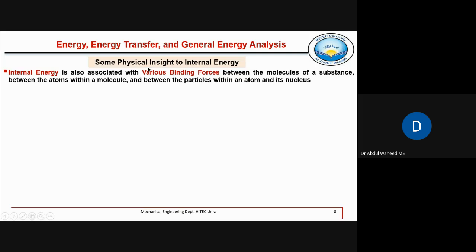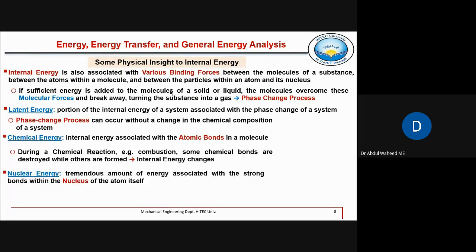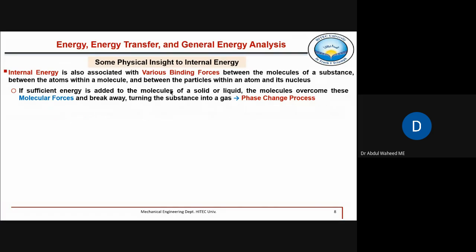Internal energy is due to various binding forces. For example, if we supply energy to any substance, its temperature will rise, right? Because of the binding forces between molecules, it is not bonding, it is binding forces. It is related to phase change. I think I discussed everything here. What was sensible energy?